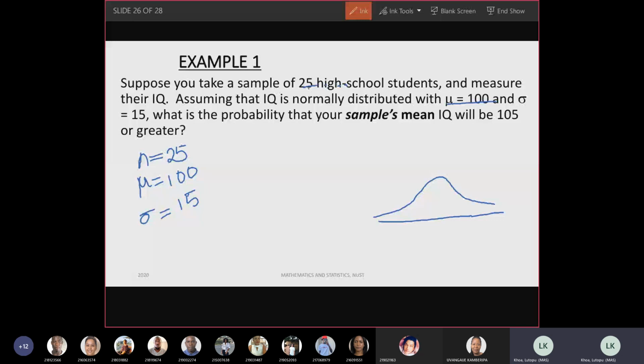Okay, so first thing you have to do is transform your statistic to a z-score, and then you will read the value from the standard normal table.